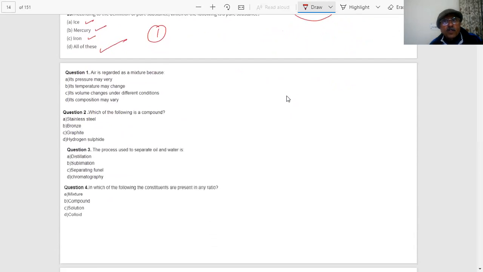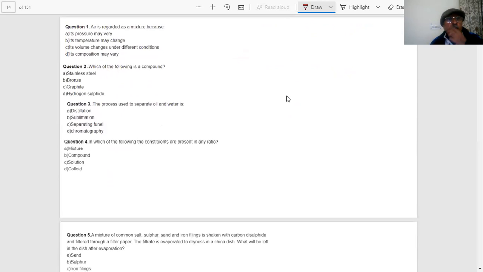Okay, student, more questions are coming. Air is regarded as a mixture because its composition may vary. Its pressure may vary, its temperature may change, its volume changes under different conditions. Yes, its composition may vary.